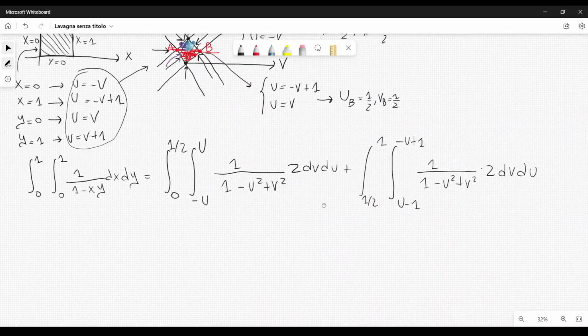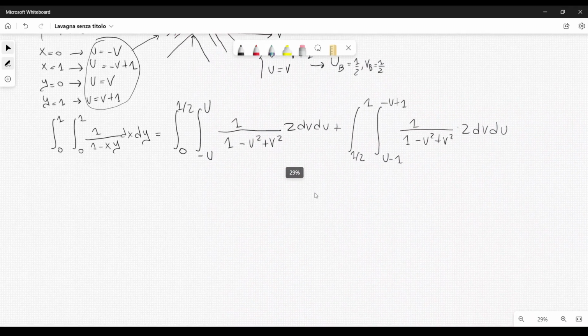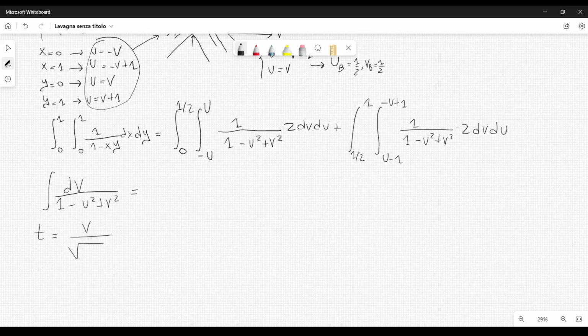Now, in order to solve these integrals, let's first calculate the antiderivative of the inner integral, which is the integral of dv divided by 1 minus u squared plus v squared. Now, if we make a substitution, we can define a new variable t where t is equal to v over the square root of 1 minus u squared.